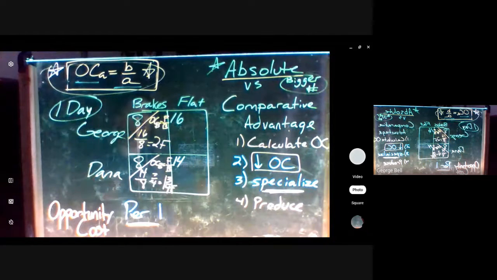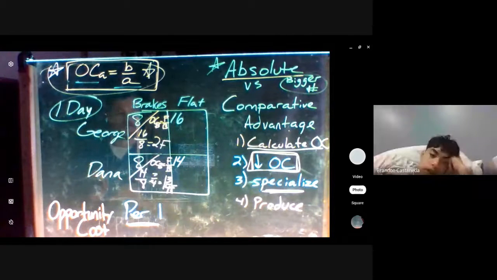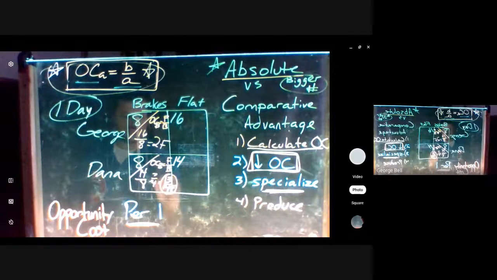So we just calculated opportunity cost, who has the lower opportunity cost now? Your wife. So it looks like when we get into business, she is going to specialize in changing brakes because her opportunity cost is lower. Does this make sense?